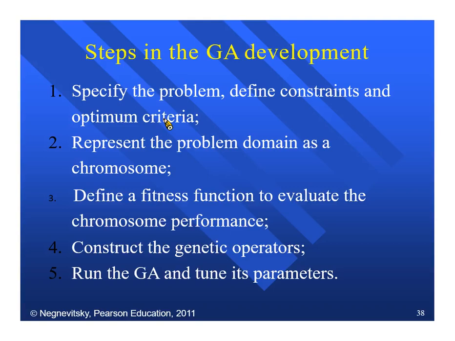The third is to define a fitness function to evaluate the chromosome performance. The fourth is to construct the genetic operators, then run the genetic algorithm and tune its parameters.